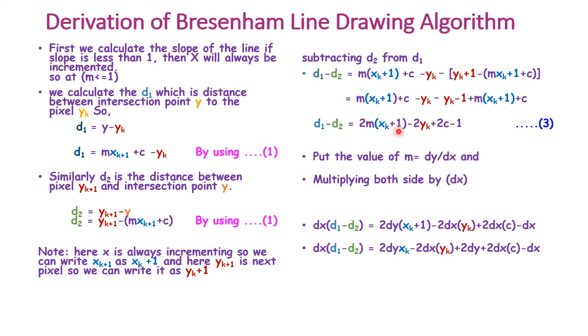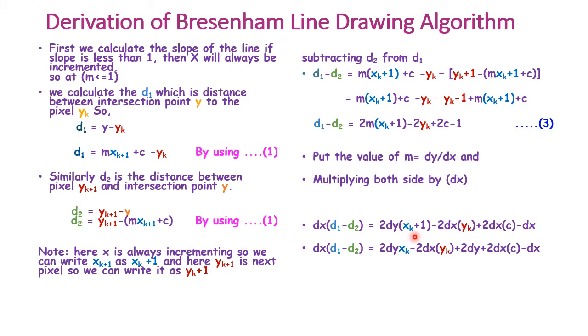Now in this equation we have to put m value as dy by dx and multiply both the sides by dx. So after putting the value of m and multiplying by dx we get equation as dx into bracket d1 minus d2 is equal to 2 dy in bracket xk plus 1 minus 2 dx in bracket yk plus 2 dx in bracket c minus dx.